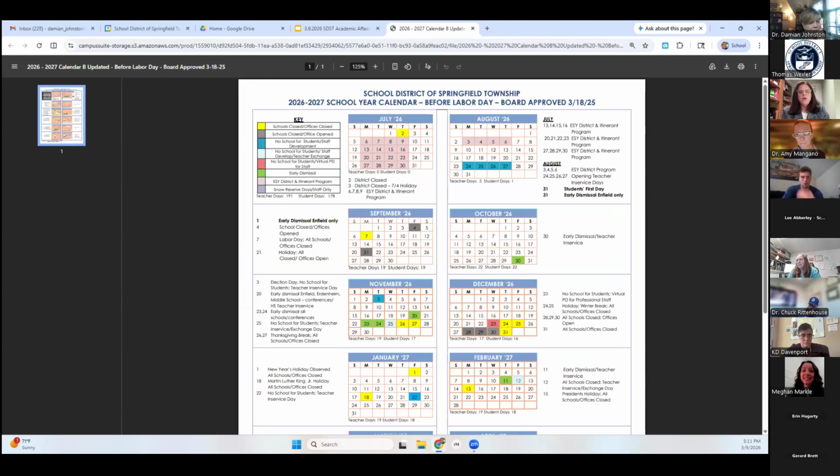You may recall that last year, the state of Pennsylvania provided flexibility for the first time in that it was always 180 days and 900 or 990 hours. And they made the choice to give us the or. So you could have either 180 days or 900 or 990 hours, depending on elementary and secondary.